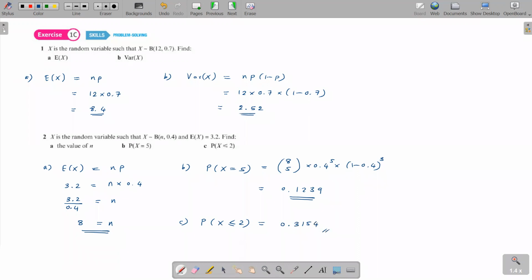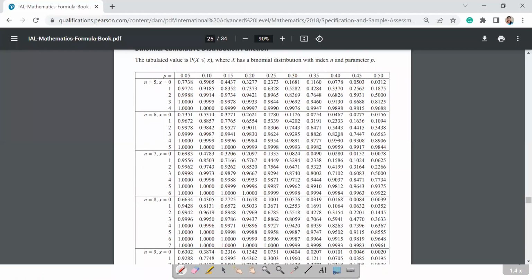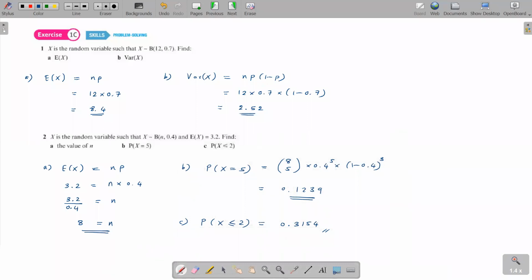Is that correct? Probability is 0.4, n value is 8. Let me check again. Probability 0.4, x value is 2, 0.3154, right? Okay.